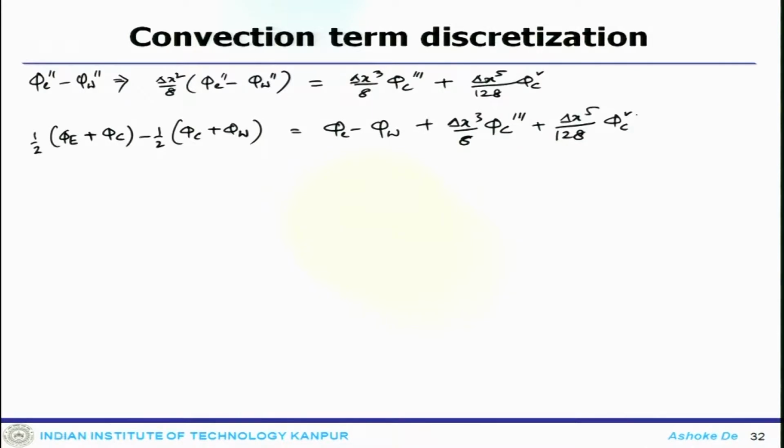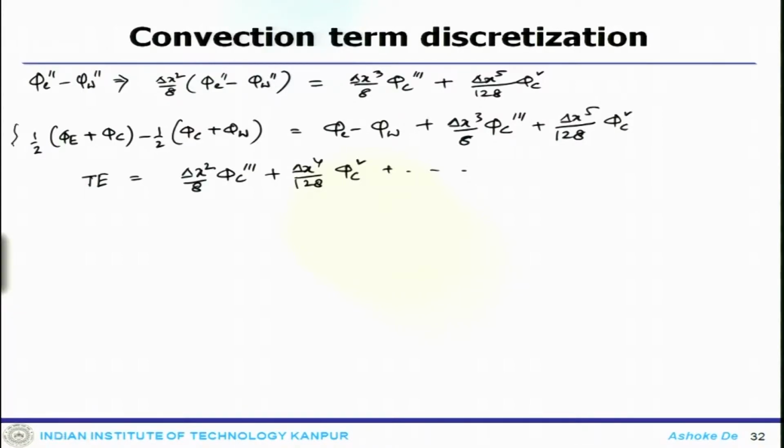Now you divide by delta x, then the truncation error term will be order of delta x square by 8 phi c triple prime plus delta x 4 by 128 phi c fifth term and so on.